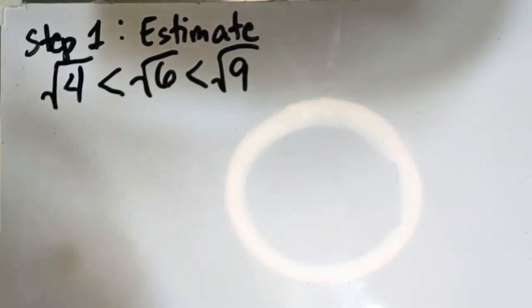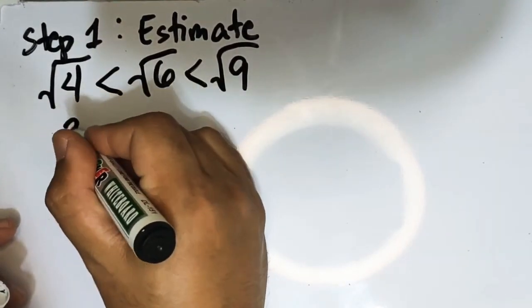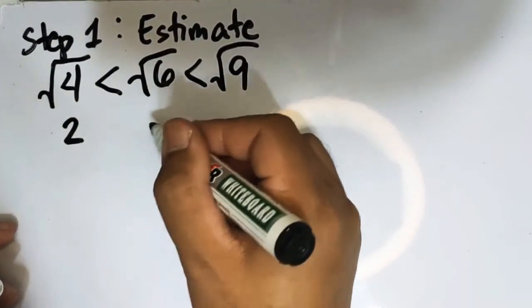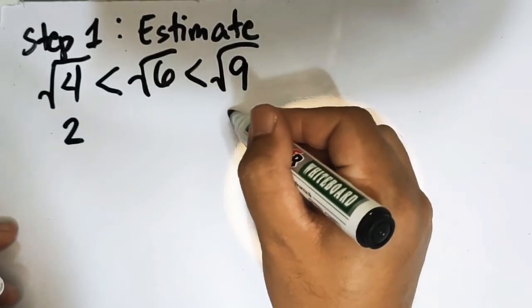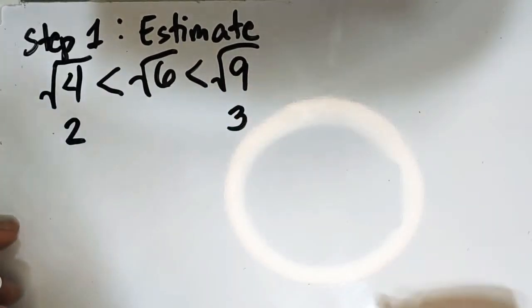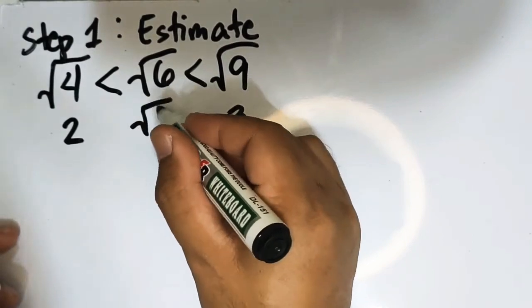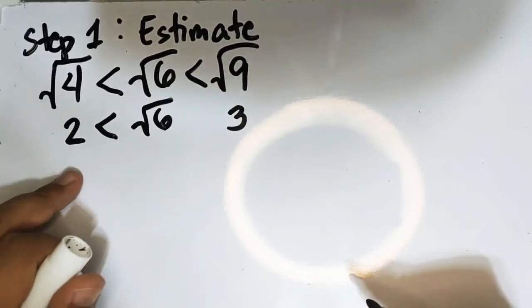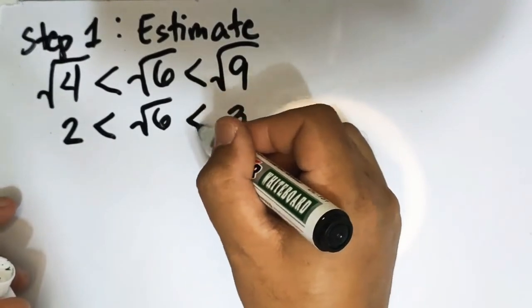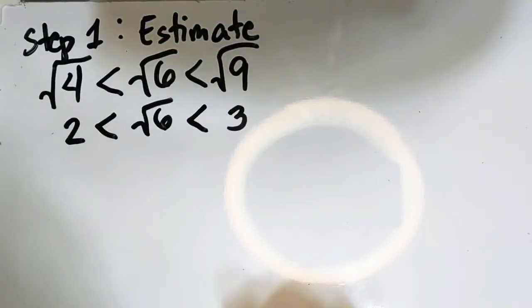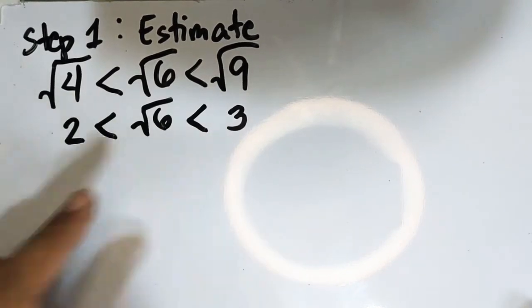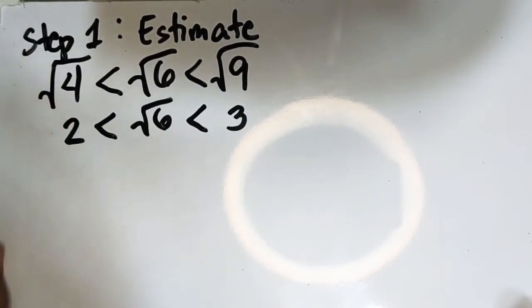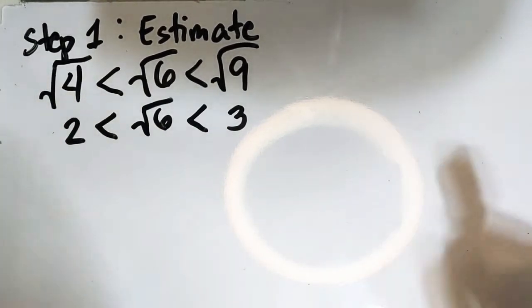So, ngayon, extract natin yung kanilang mga roots. Ang square root ng 4 ay 2, at ang square root ng 9 ay 3. So, ibig sabihin, ang square root of 6 ay greater than 2, but less than 3. So, nasa pagitan siya ng 2 and 3. So, decimal ito. Okay? So, yun ang step 1.